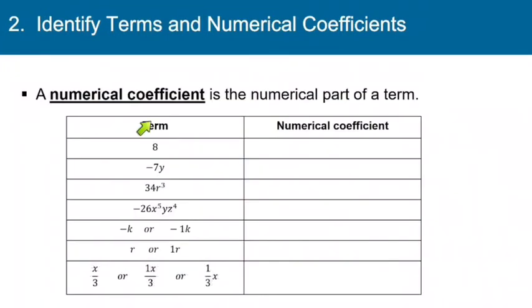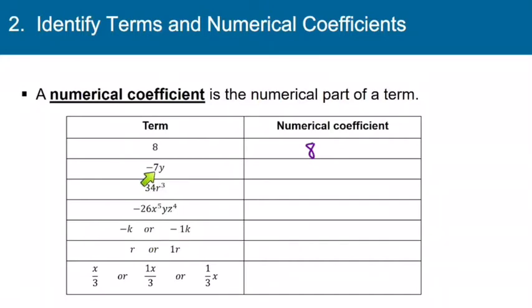Now let's get a definition for numerical coefficient. A numerical coefficient is just the numerical part of the term. So here are a few terms. Let's look at each of them and pick out the coefficient. If the term is 8, well, all there is to this term is the number part. So for the term 8, the numerical coefficient is 8. For the term -7y, the y is the variable part and the -7 is the numerical part.